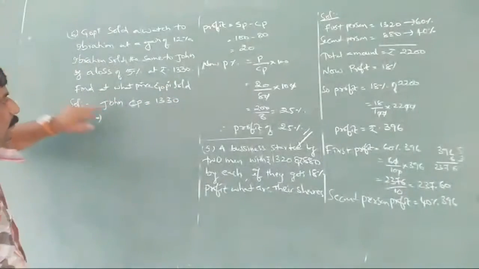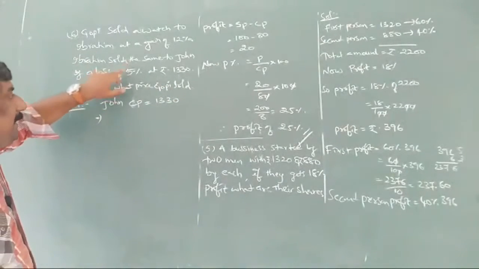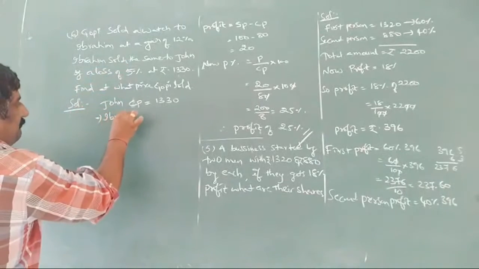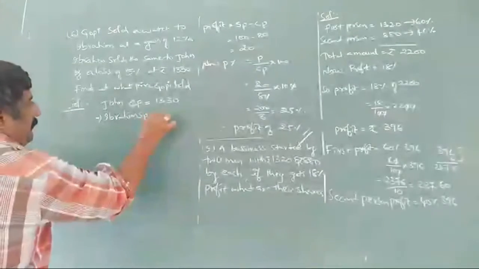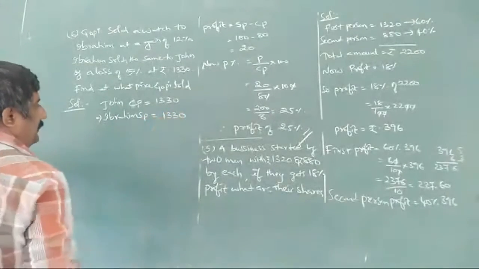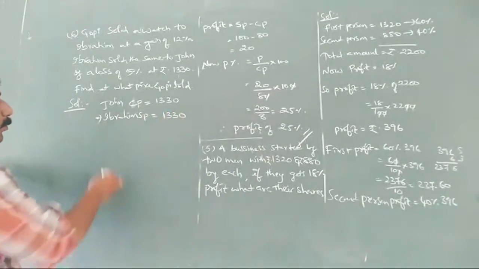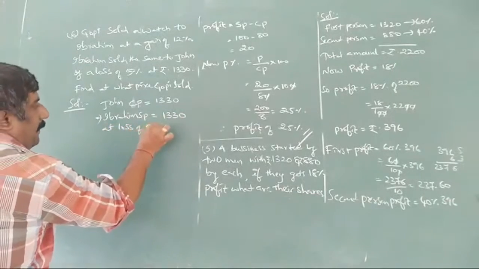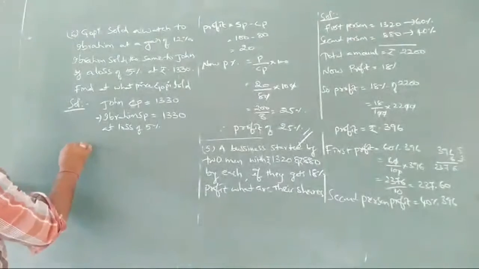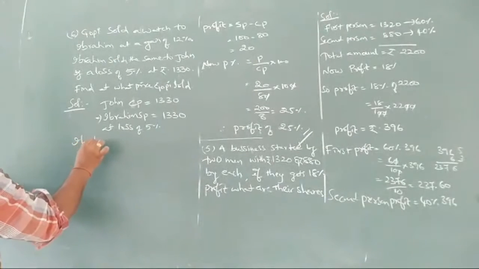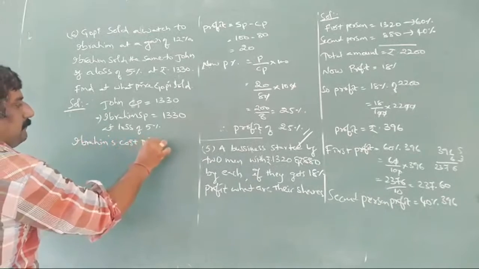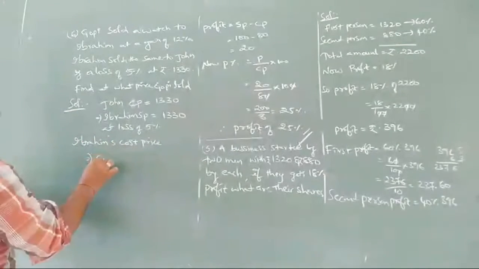Who sold to John? Ibrahim sold to John. So Ibrahim's SP is also the same, 1330, at a loss of 5%. Now Ibrahim's cost price: what is the formula we have?